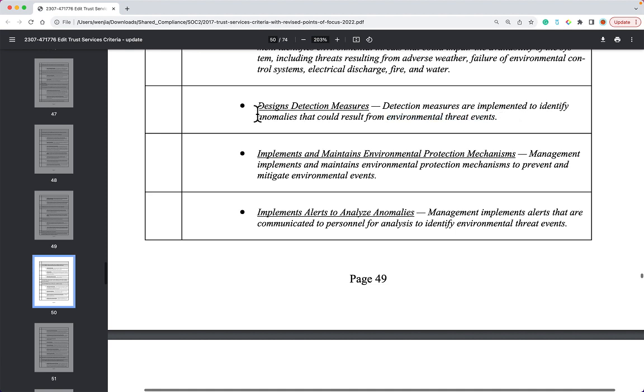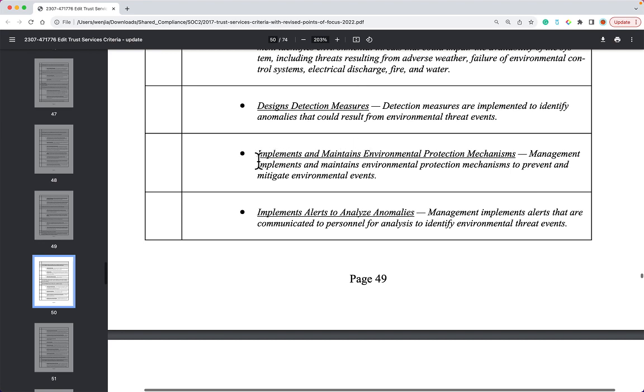So how can you be alerted? You need to have some kind of alert system for the arising of any threat and any hazard. So you need to have a methodology for detecting.